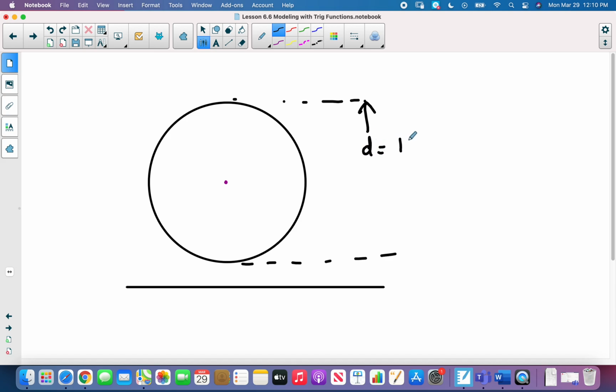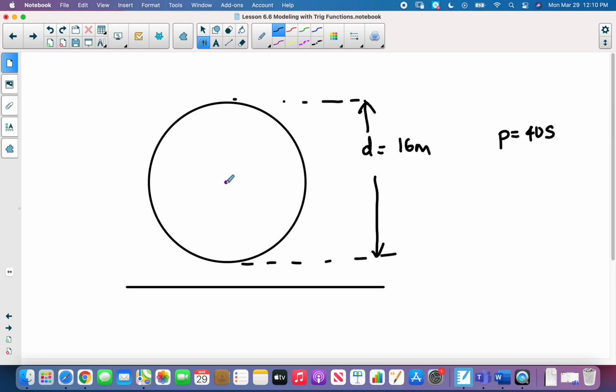And it says that it completes 1 revolution in 40 seconds. So the period is 40 seconds. And the center of the axle is 12 meters above ground.